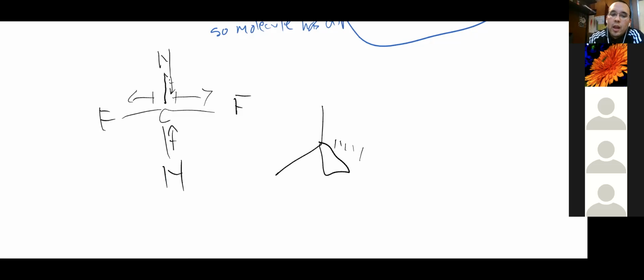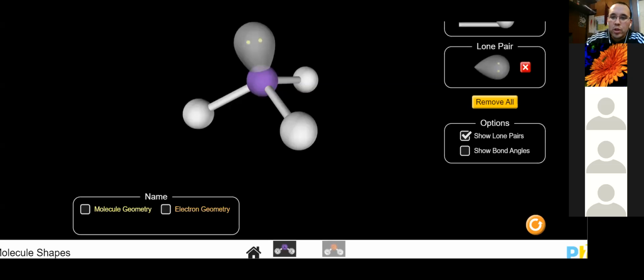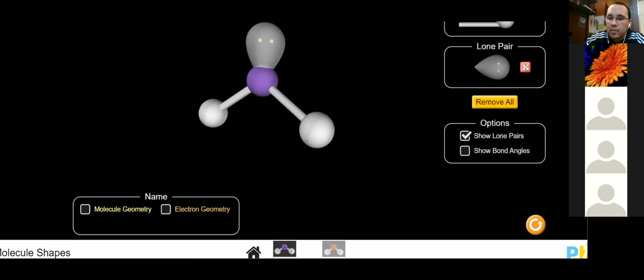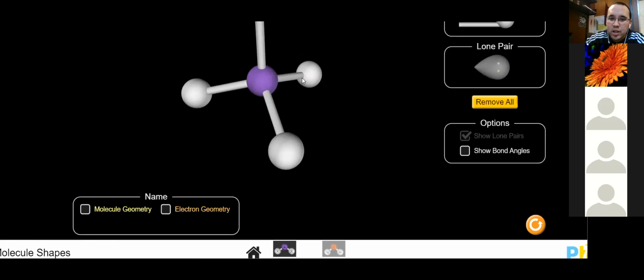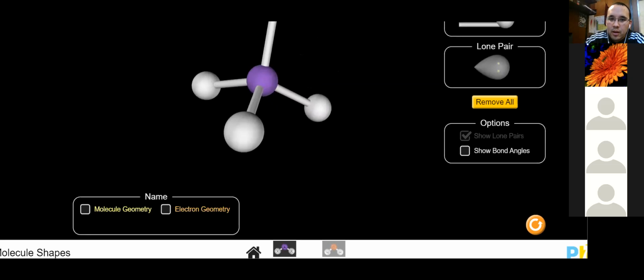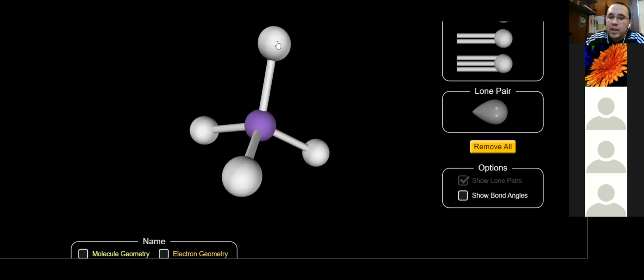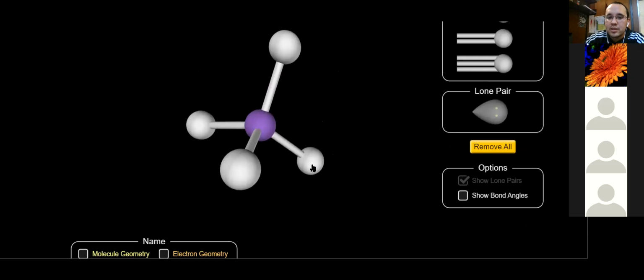If you draw it like a Lewis structure where everything's 90 degrees, it looks like the fluorine should perfectly cancel out with the other fluorine. But in reality, in its tetrahedral shape, one of these does not perfectly cancel out with the other because they're not 180 degrees apart from each other.